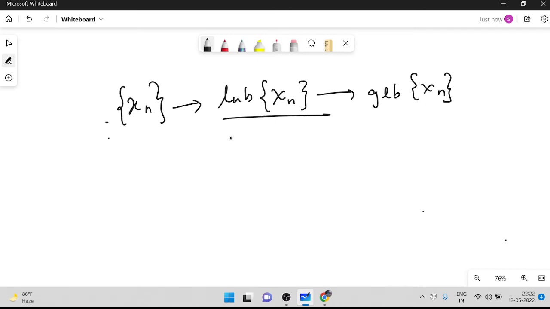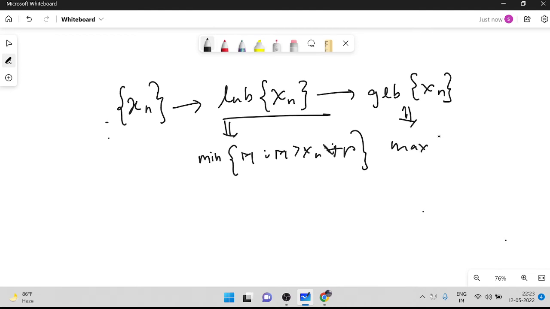So what does LUB xn mean? It is the minimum of all m such that m is greater than xn for all n, and the GLB is the maximum of all m such that m is less than xn for all n.